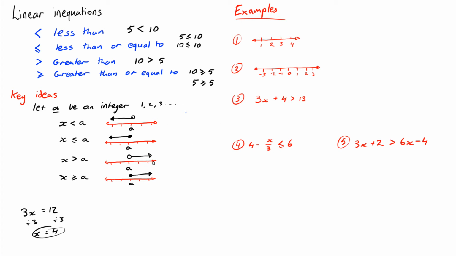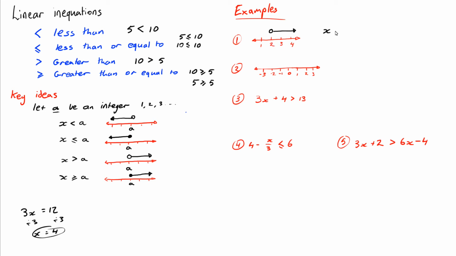So for some examples, we've got a number line, okay, 1, 2, 3, and 4, and I'm going to draw the values of x as a line or an arrow. Okay, so we're actually going to write the inequation for this situation.